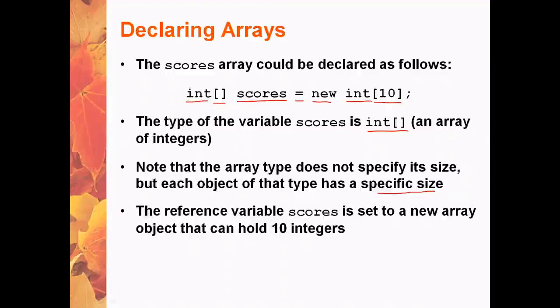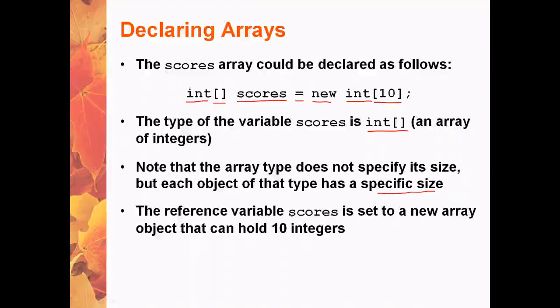As the array is of type integer, you can store 10 integer values in the scores array, and every value has the size of an integer variable.